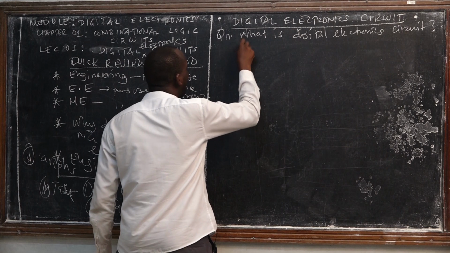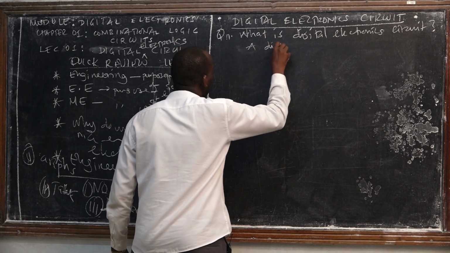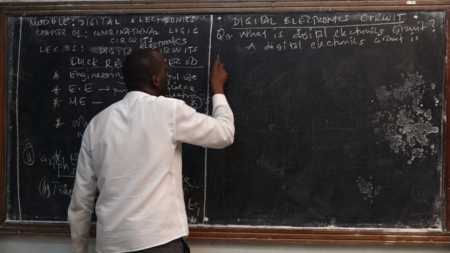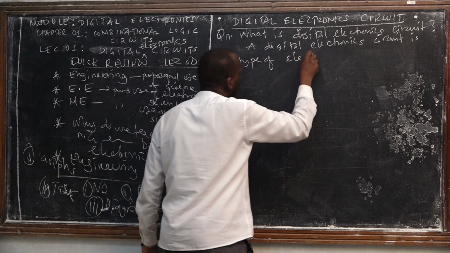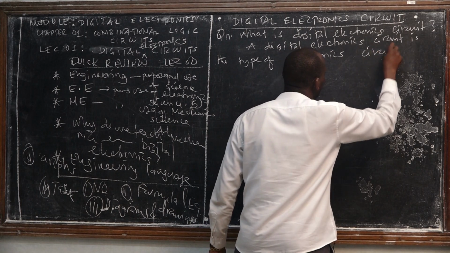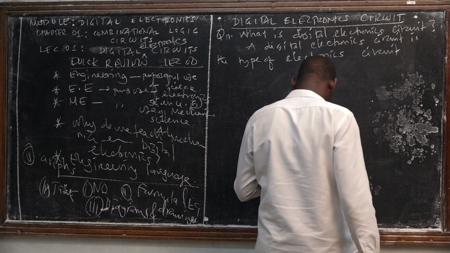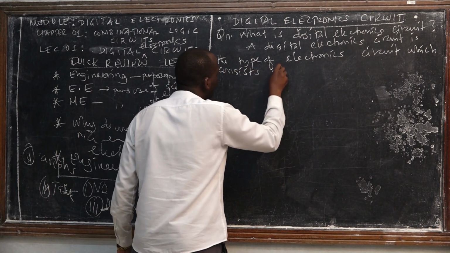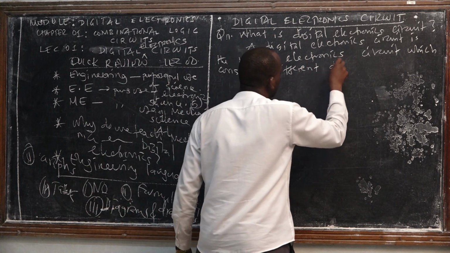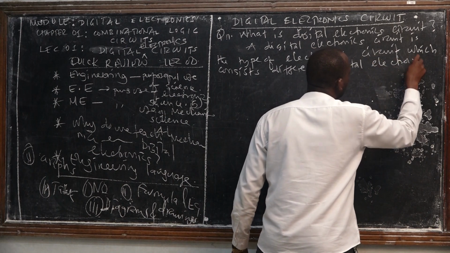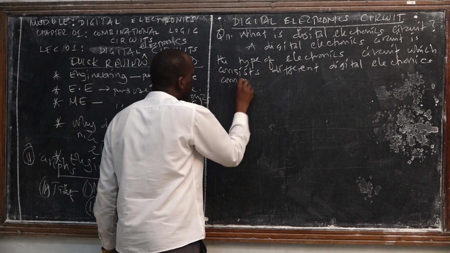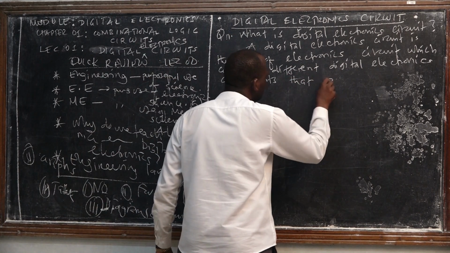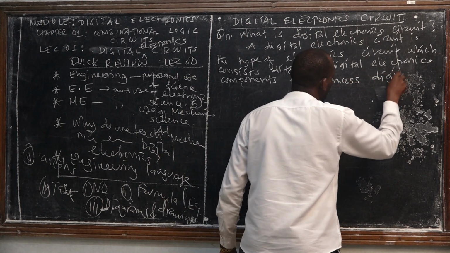We say simply that a digital electronic circuit is a type of electronic circuit which contains or consists of different digital electronic components that process digital signals.